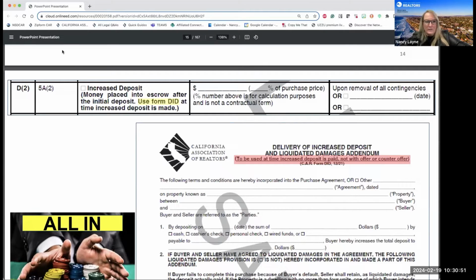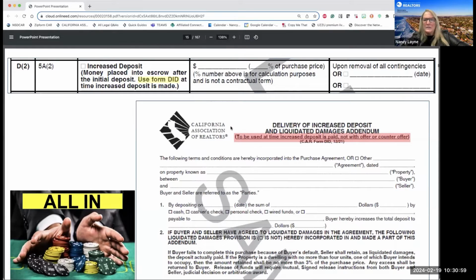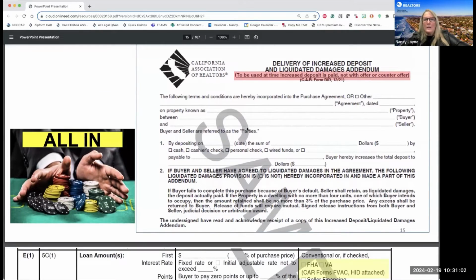And that's why this increased deposit, you would need to use that form DID at the time the deposit is made. So this is what that form is, and that form will allow that second deposit, that increased deposit, to be included in that initial deposit amount, or included in the 3%, or what we refer to as liquidated damages.